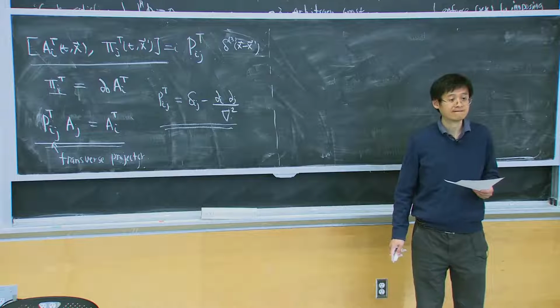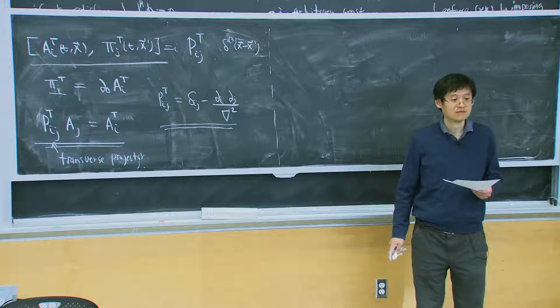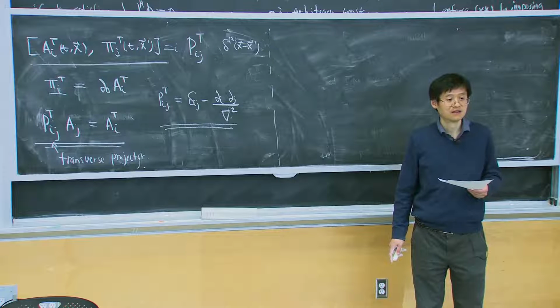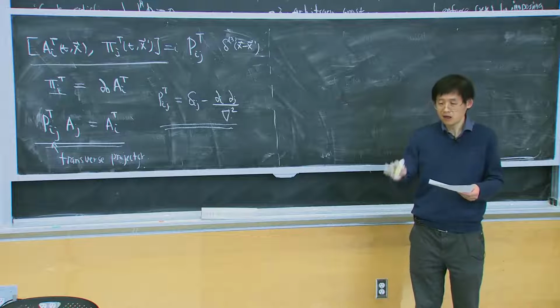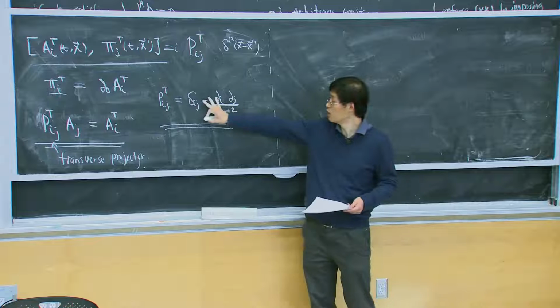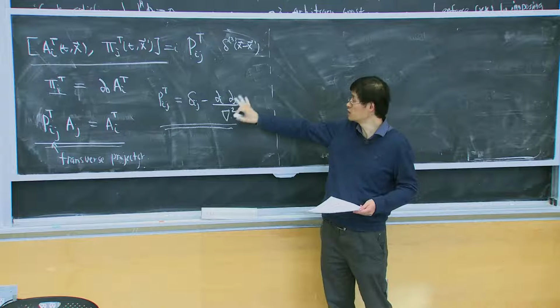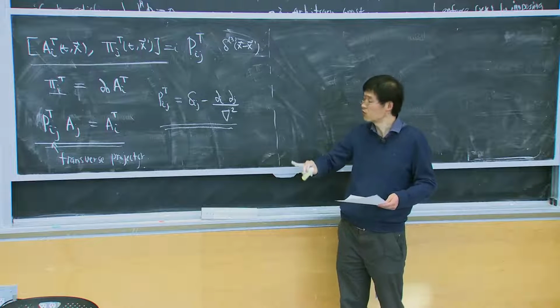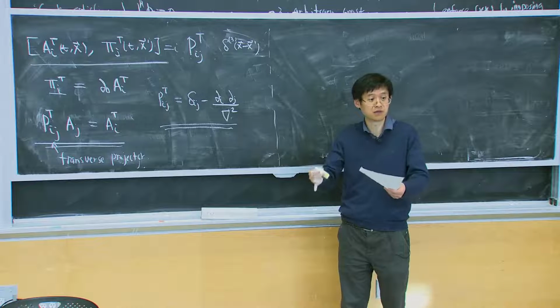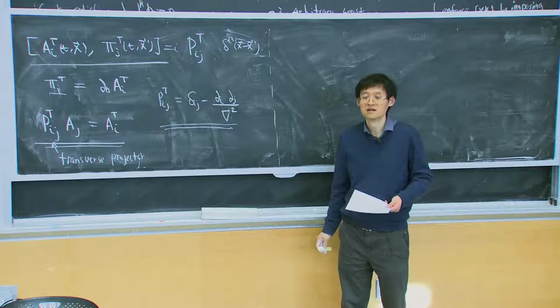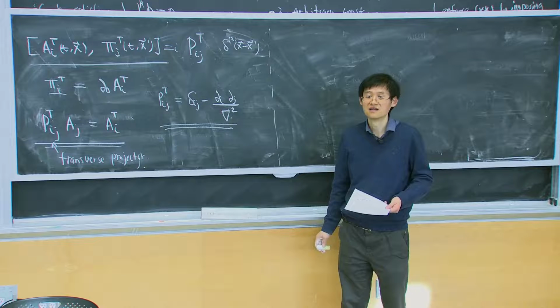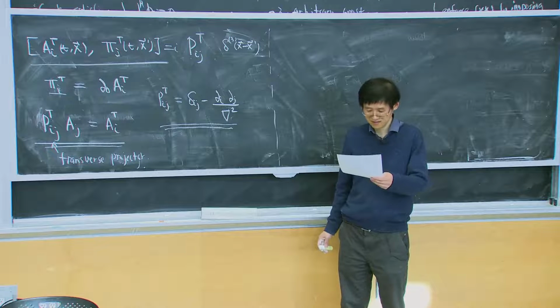Yeah. We just use this notation to denote what we mean by the Fourier transform of the momentum space expression. Do you mean like the inverse of the Laplacian when you write something over grad squared?